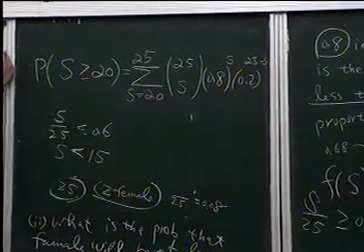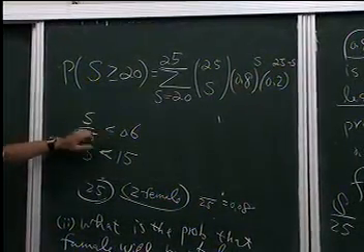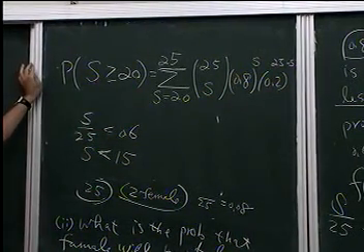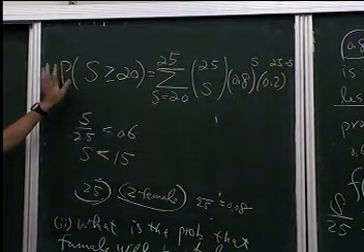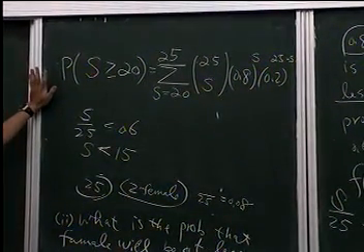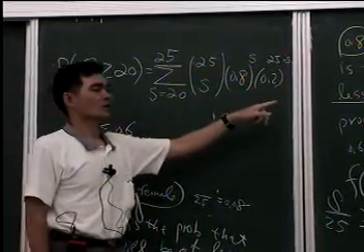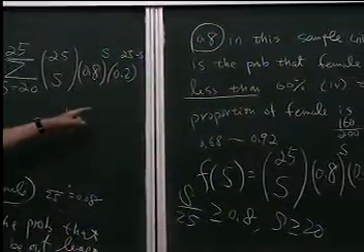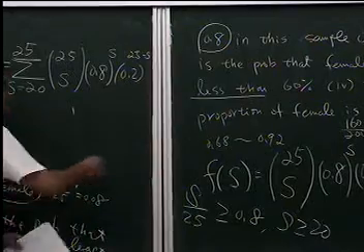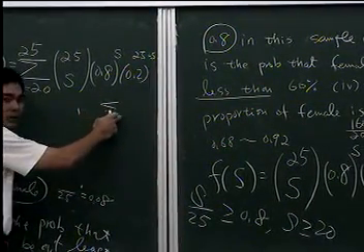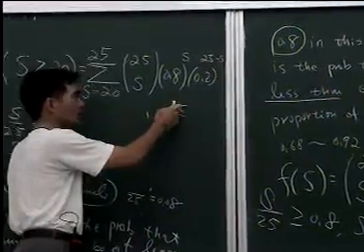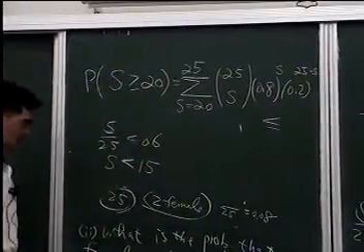But in this case, what we would like to find is the probability that when we choose 25 people, it will be less than 60%, okay? Because if I put down this, it means less than or equal to, and less than is this, okay?